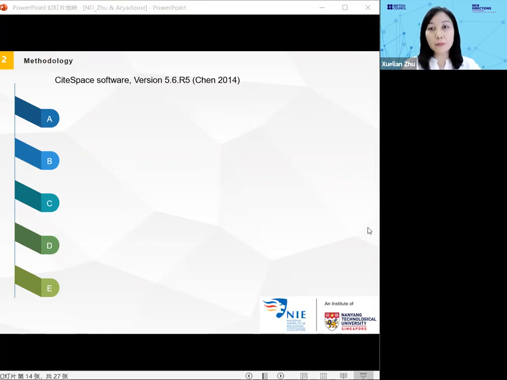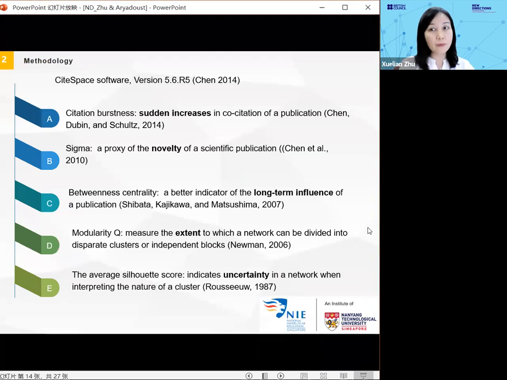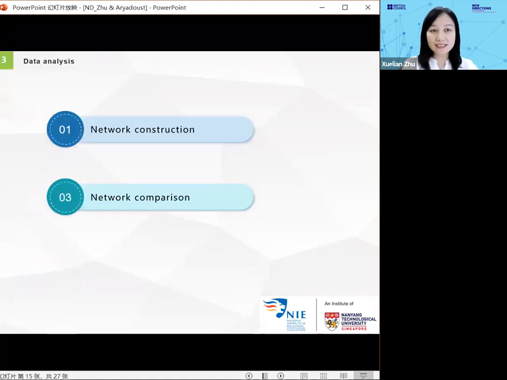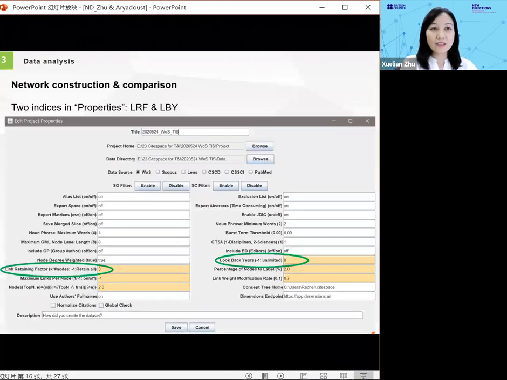We also employed a number of indices embedded in the software to decide the novelty, duration of influence, and the confidence of network interpretation. These indices were used to do network comparison. Later, I will introduce how we compared the networks and generated the network we wanted.